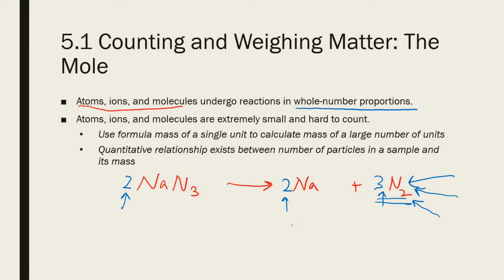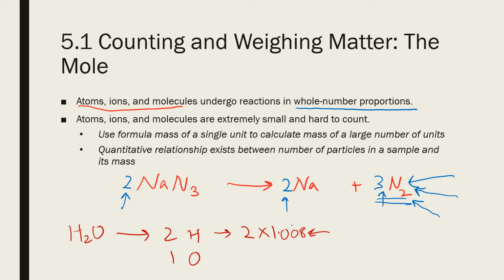Now, since the atomic mass of a single atom is known from the periodic table, we can calculate the mass of a molecule. For example, water contains two hydrogens and one oxygen atom. We know that the mass of one hydrogen is 1.008, and this number we got from the periodic table.